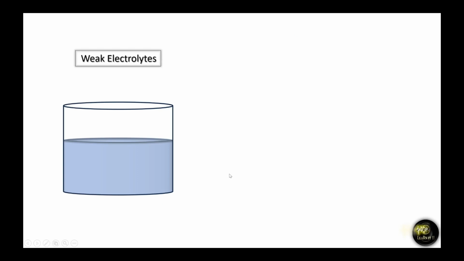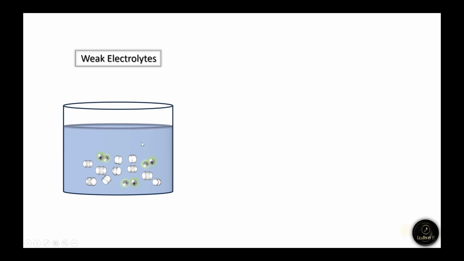So, variation of molar conductance with respect to weak electrolytes. Consider a weak electrolyte taken, and we added water. The amount of weak electrolyte taken is 1 molar. We know when we add the water, there will be partial dissociation, and upon dilution, there will be more ions produced.